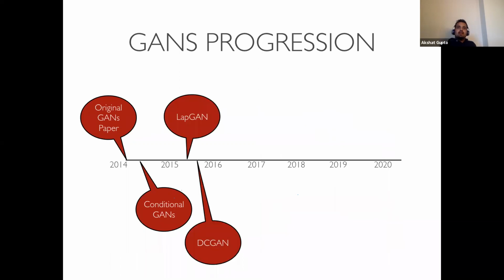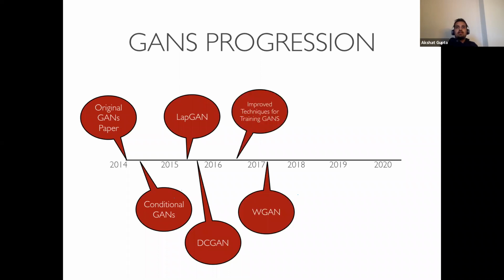Conditional GANs are really important in image-to-image translation and all the cool applications that you see of changing domains of images, like converting a male looking face to a female looking face.